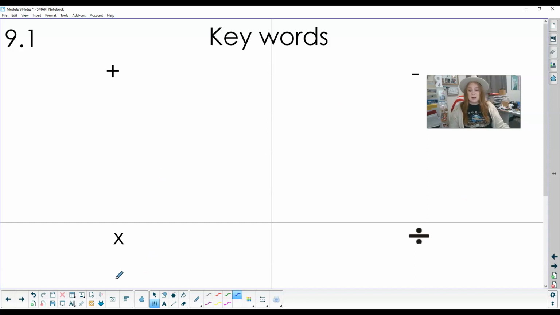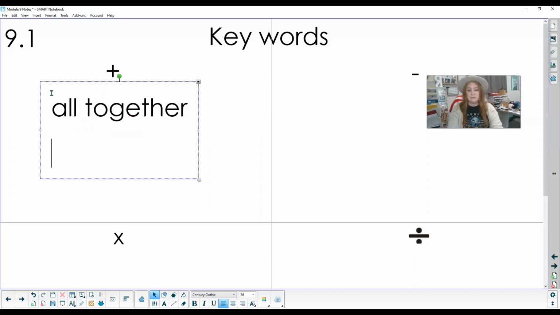For our next part on these 9.1 notes, I just want to talk about some keywords you can look for as you are reading story problems. Some of the ones I want to look for might say all together, or this and this, or there are this many more.